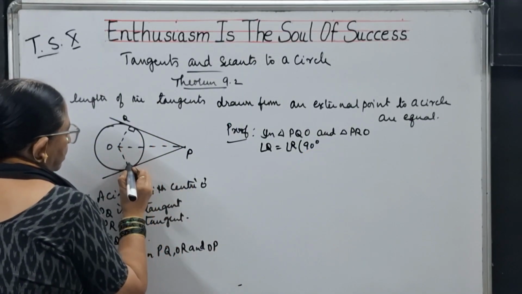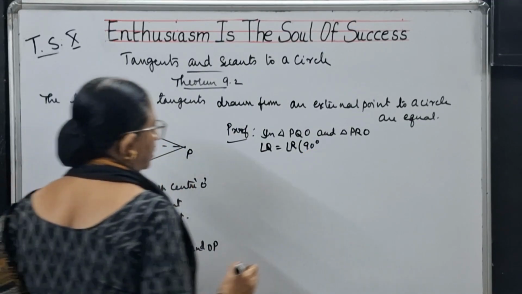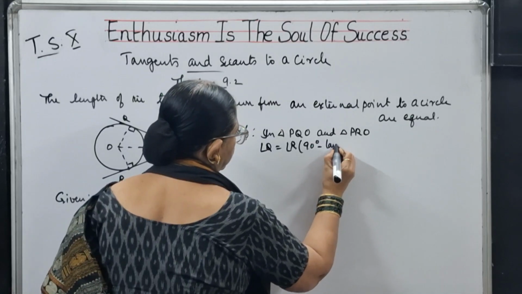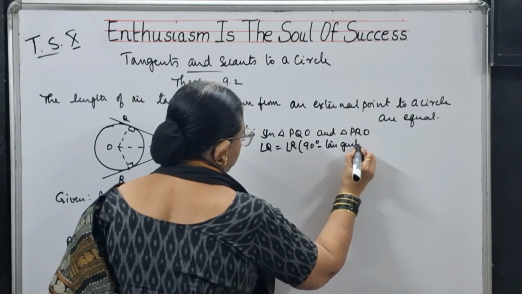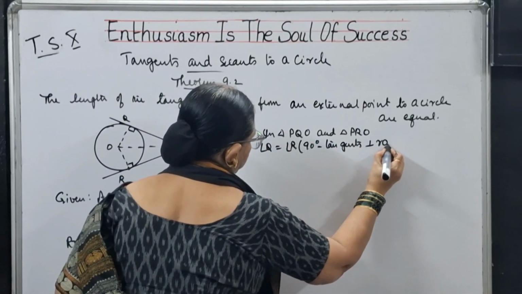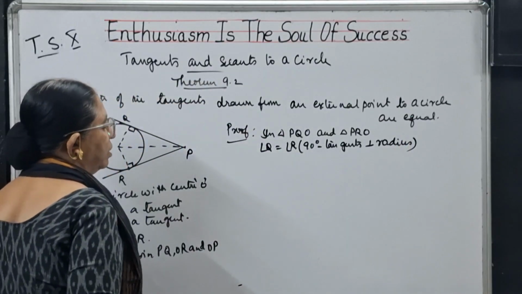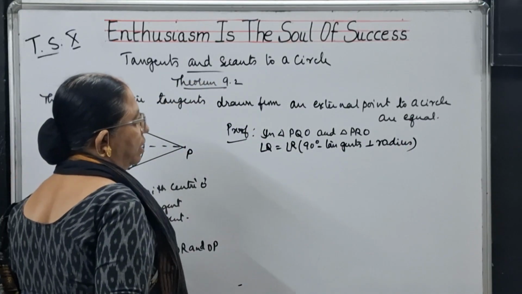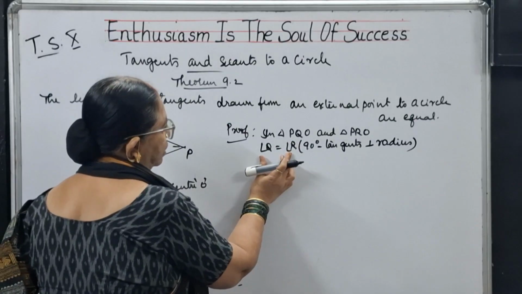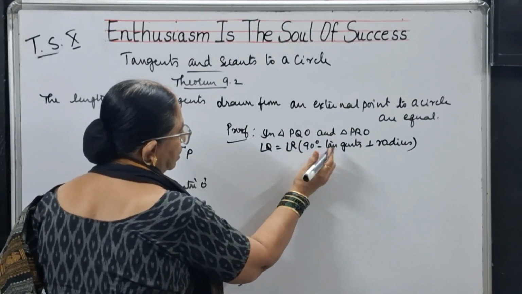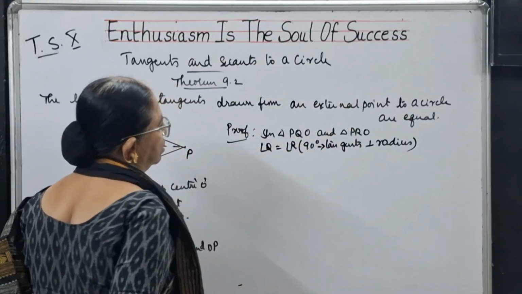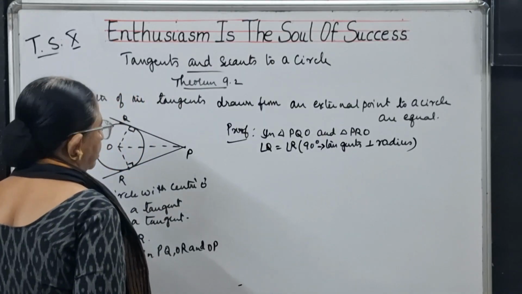Why? Because tangents are perpendicular to radius. This is the reason why we are saying that they are equal.